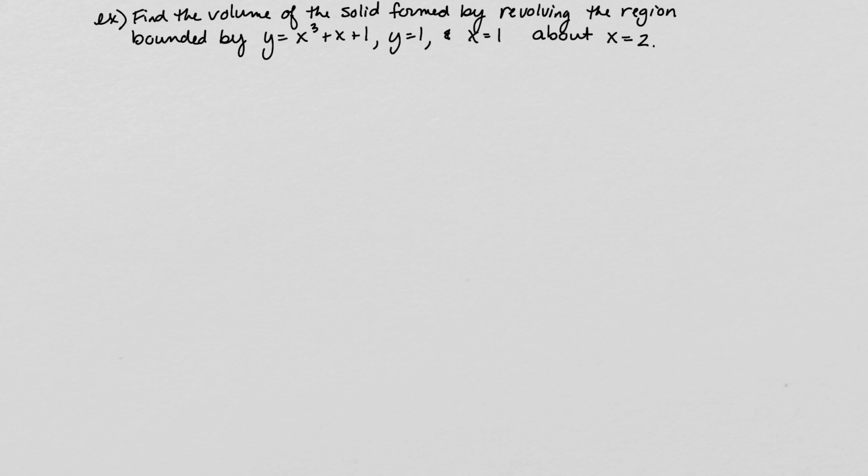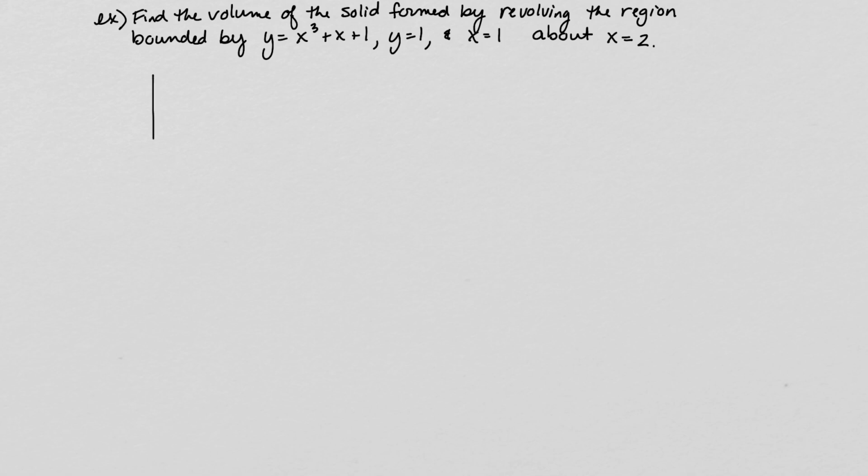So this one we're not going to rotate about the x or the y axis. We're going to rotate it about something else. So what's going to happen here is we're going to have to adjust the radius. That's the only really big difference for the most part.